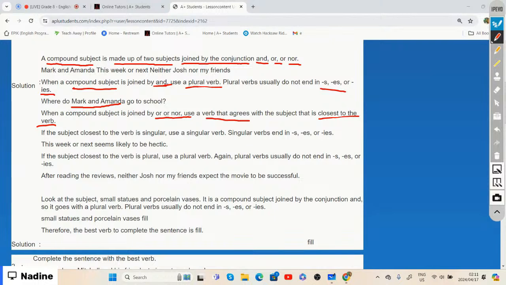It refers to more than one action. For example, after reading the reviews, neither Josh nor my friends expect the movie to be successful.